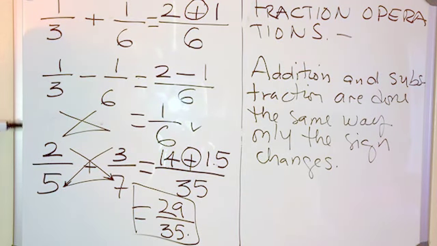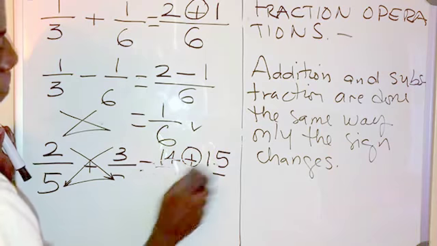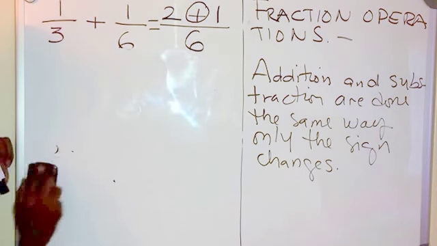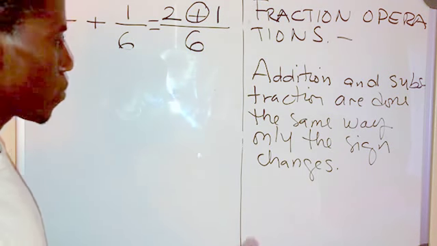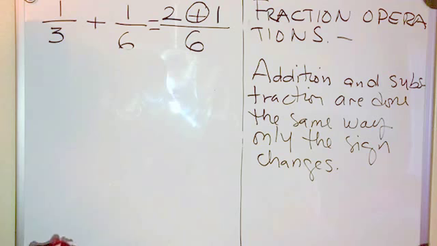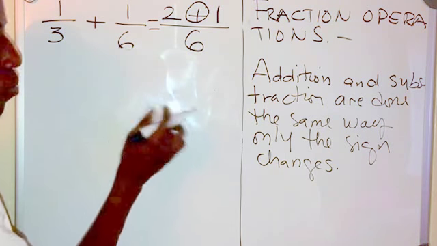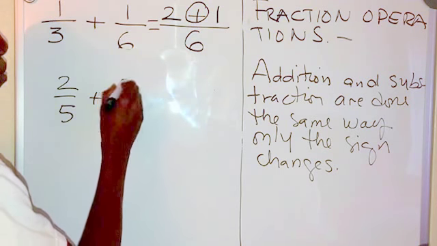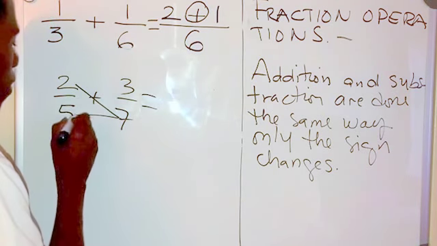Okay, so let me erase this. And for the last one I did, you could do the same thing if it was a subtraction. So instead of plus, the sign would be minus. It was 2/5 plus 3/7. That gives us this sign.